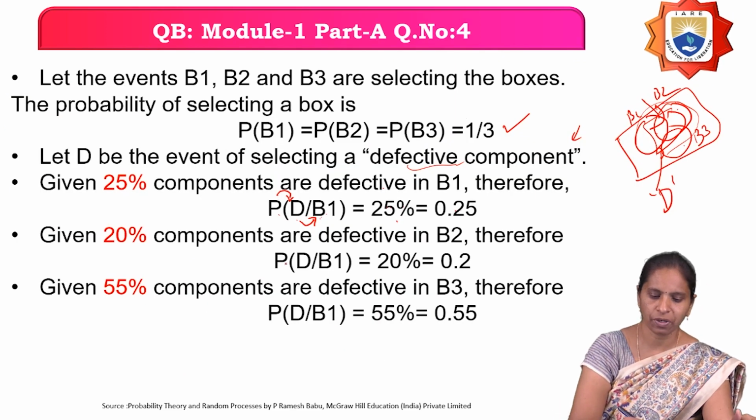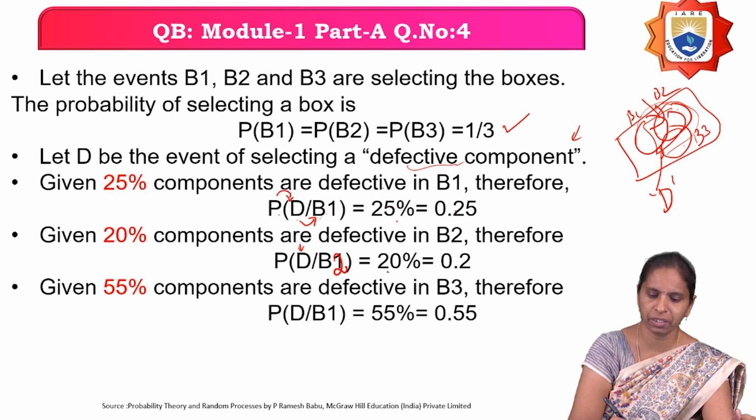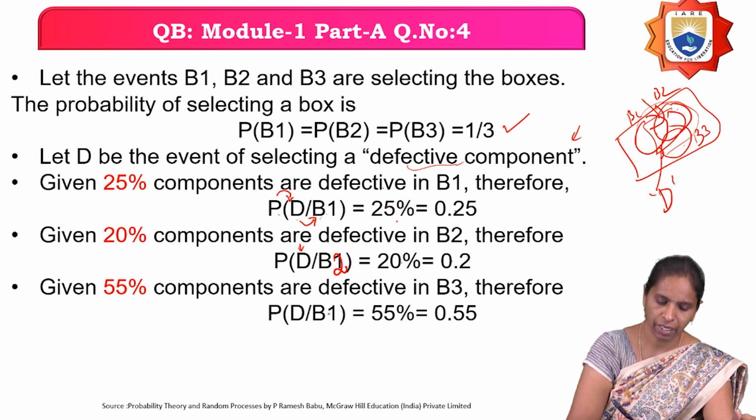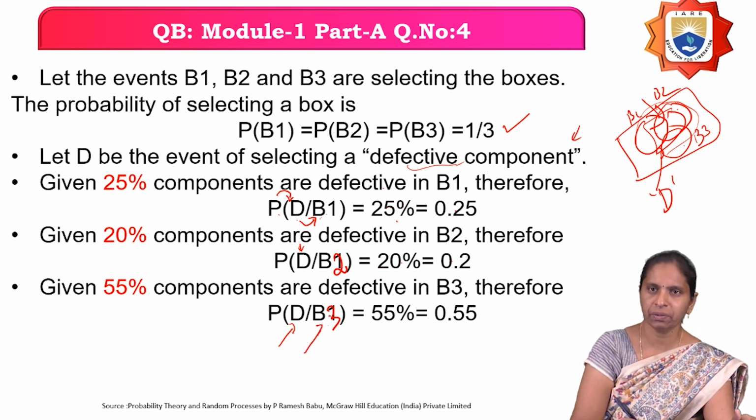It means the probability of getting the defective item from the box B2 is 20%, nothing but 0.2. And what is P of D by B3? Nothing but the probability of selecting the defective item, given that it has been selected from box 3. Then the probability given is 55%, nothing but 0.55.